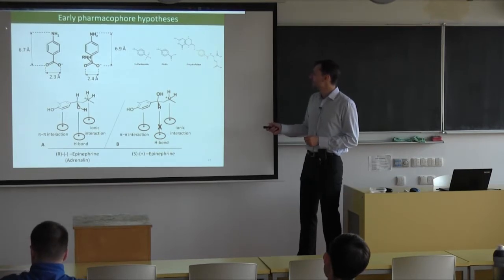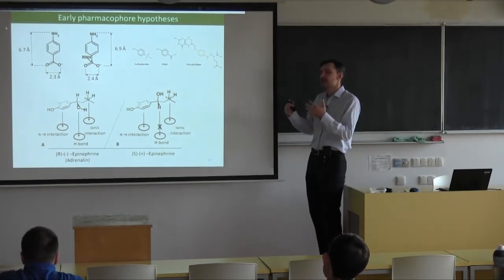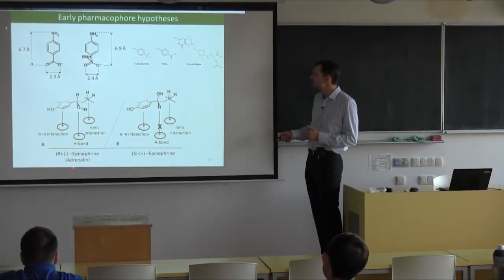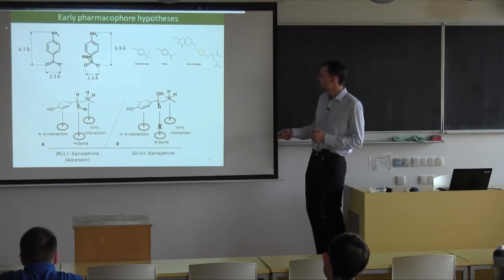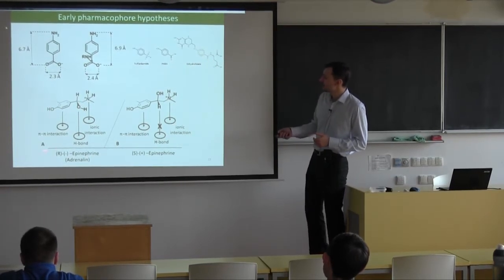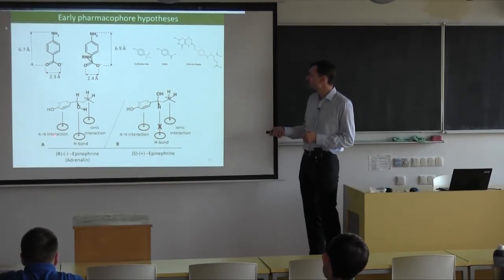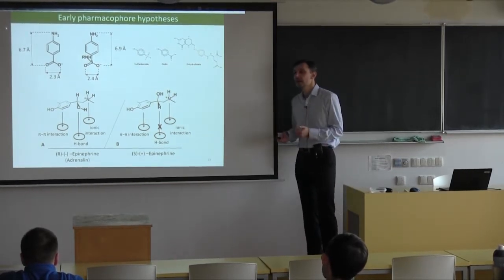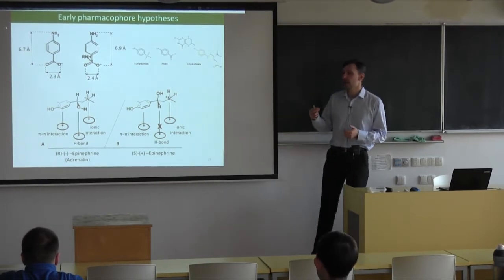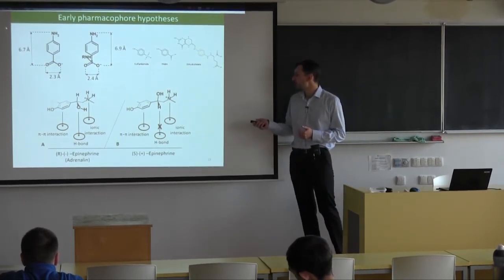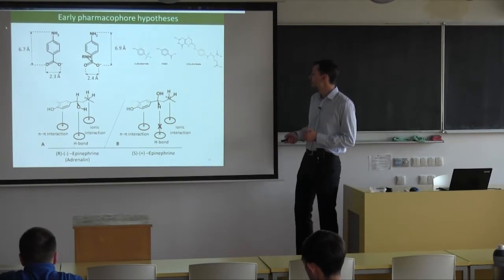Another example is how researchers can explain why one of the two enantiomers of epinephrine, adrenaline, works and the other does not. Adrenaline is much more potent and has a much stronger effect on a human than its enantiomer.